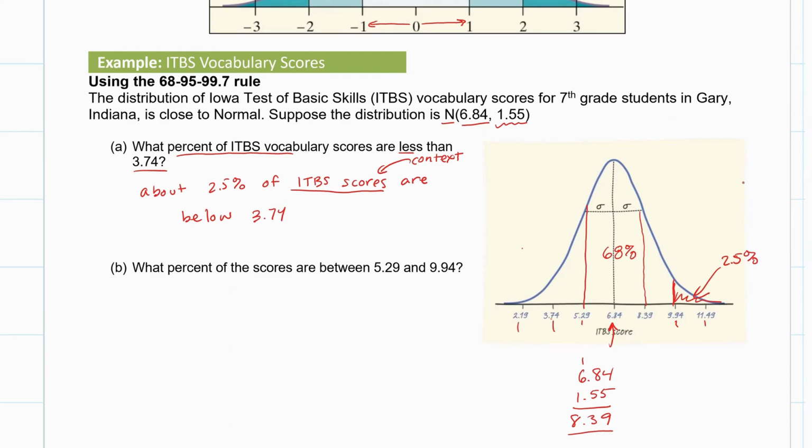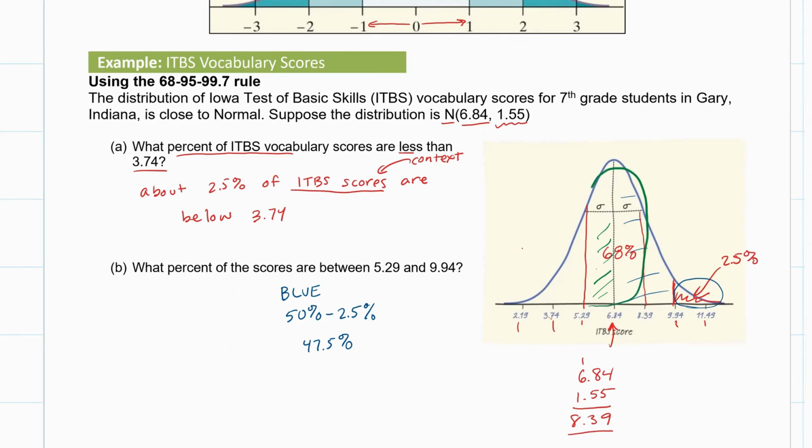Okay, let's break this down into two pieces. On the blue side, I've got half the data, but without that 2.5%. So on the right side, I have 50% minus 2.5%, which is 47.5%. Now let's go over to the green side.